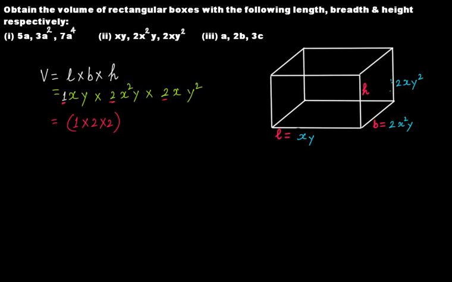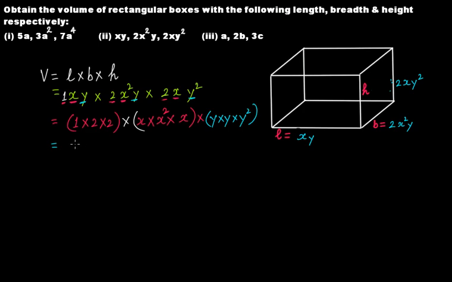Next, multiplied by this x here, this x squared here, and this x here. So x multiplied by x squared multiplied by x, and then multiplied by this y, and this y squared. So this is y multiplied by y squared.